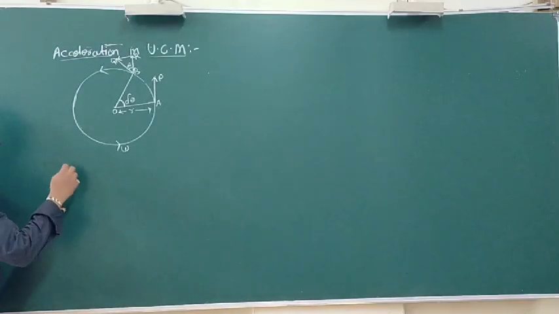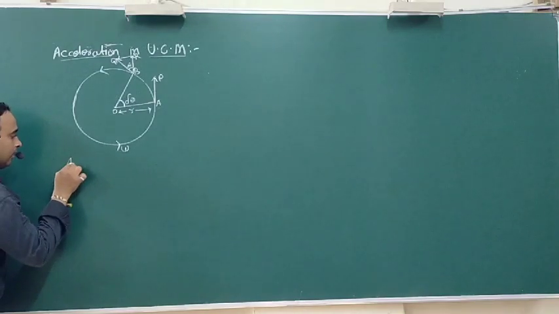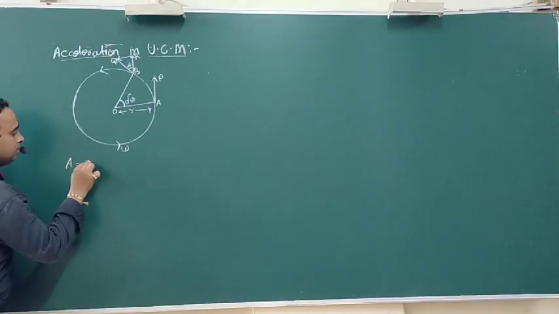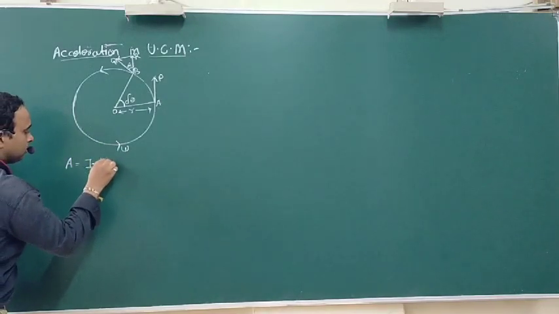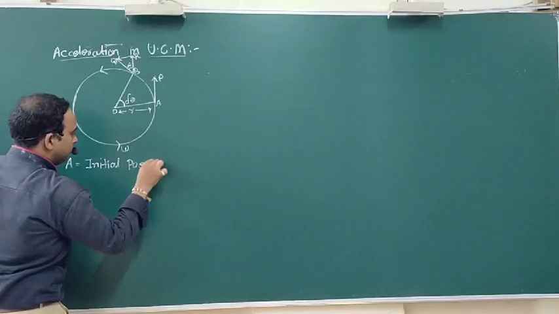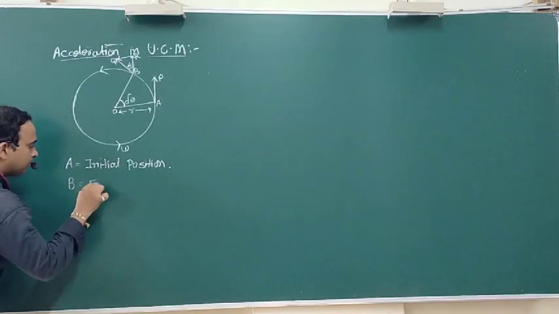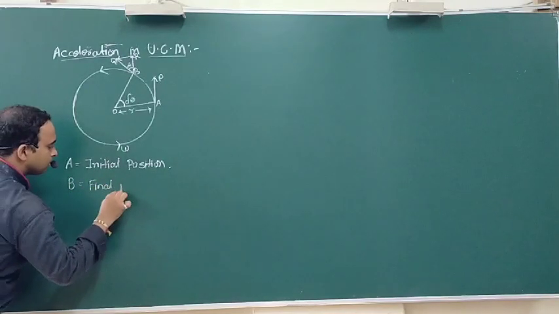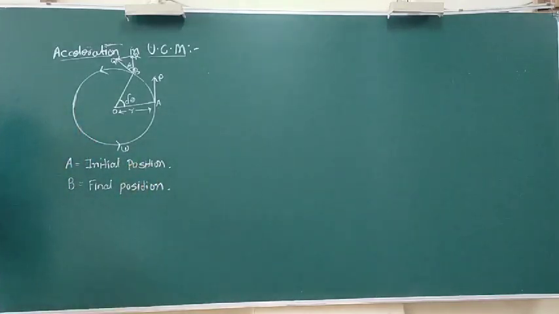So now we will write down the points. Let A be the initial position of the particle. B be the final position of the particle in time t.